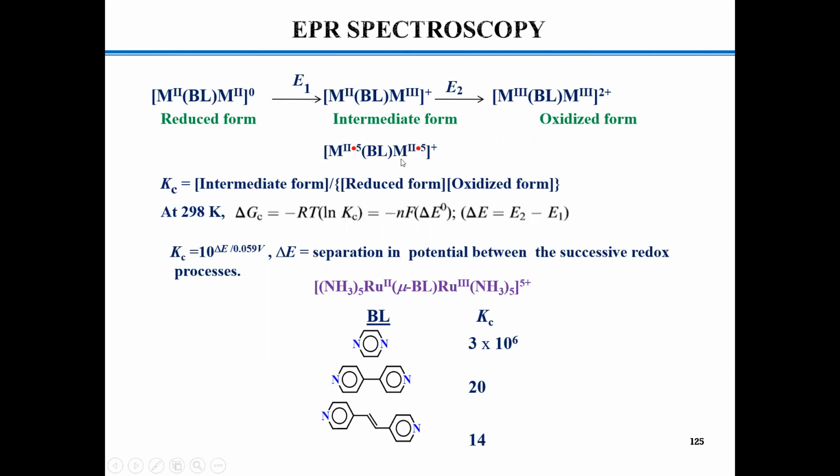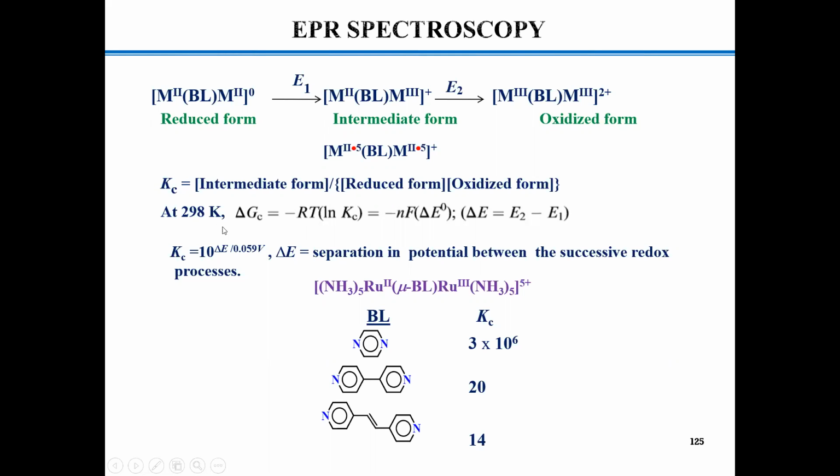the previous slide. Now you can apply a little bit of thermodynamics, that if you consider the Kc, meaning the comproportionation equilibrium. If we consider, then intermediate form by reduced form into oxidized form. This is intermediate form by reduced form into oxidized form. That means you have E1, E2 that you could get through your electrochemistry experiment.